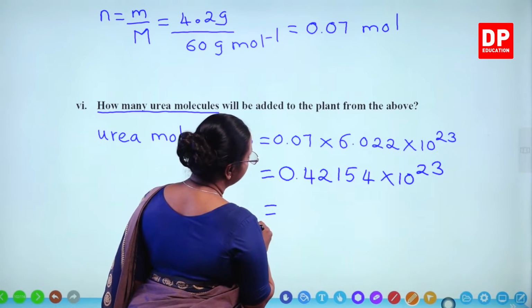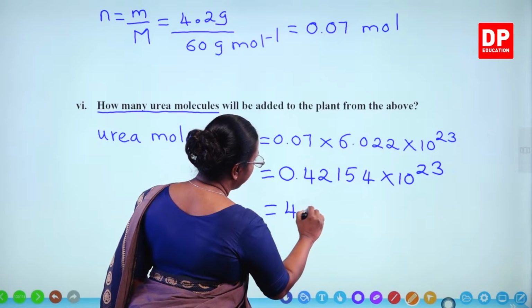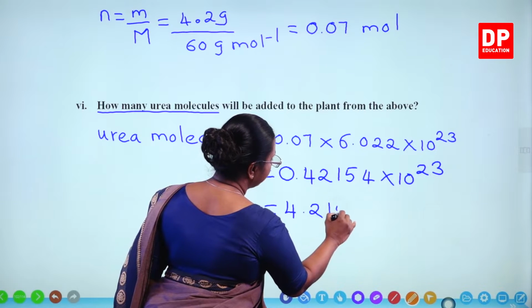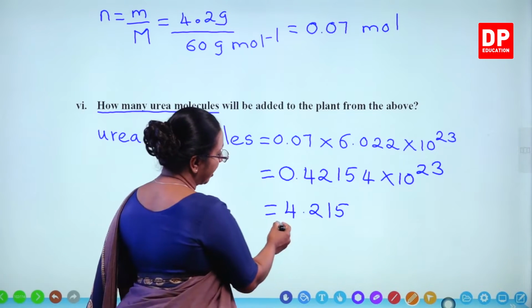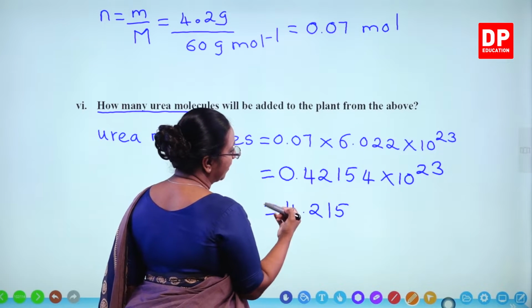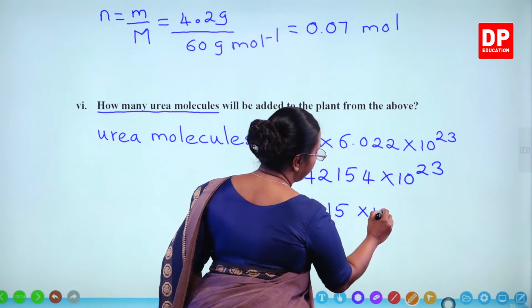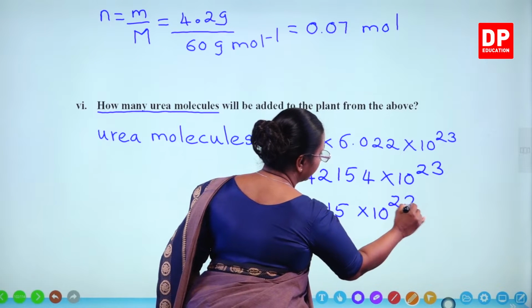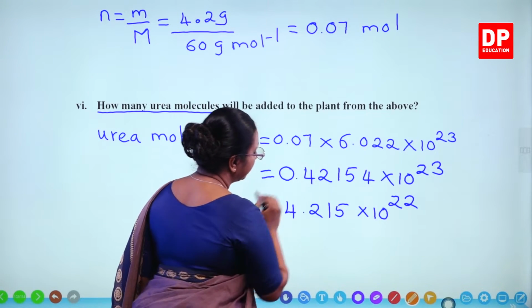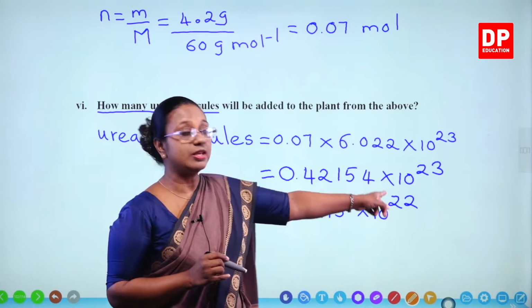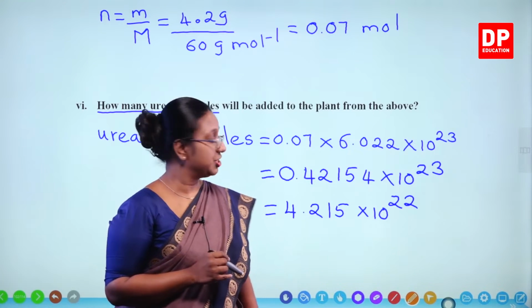We need to rearrange. It will become 4.215. You don't have to write all the decimal values. You can even write as 4.21 into 10 to the power of 22. That is very important because you are shifting the decimal position, so the 10 to the power will change.